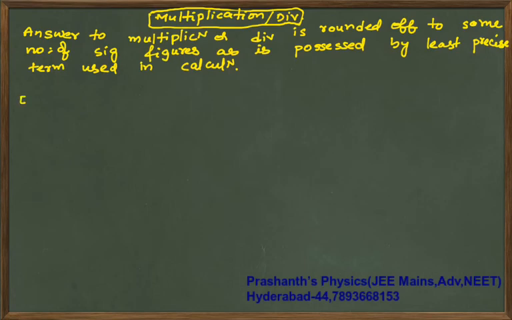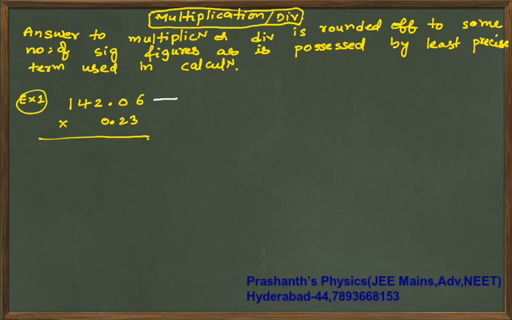Okay, so as an example, let us multiply 142.06 into 0.23. Now here you have to look at significant figures. Previously it was decimal places, for addition and subtraction.